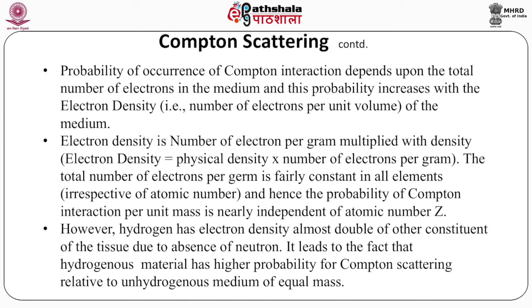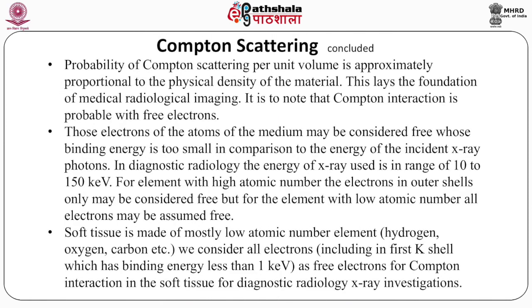It leads to the fact that hydrogenous material has higher probability for Compton scattering relative to unhydrogenous medium of equal mass. Probability of Compton scattering per unit volume is approximately proportional to the physical density of the material. This lays the foundation of medical radiological imaging.